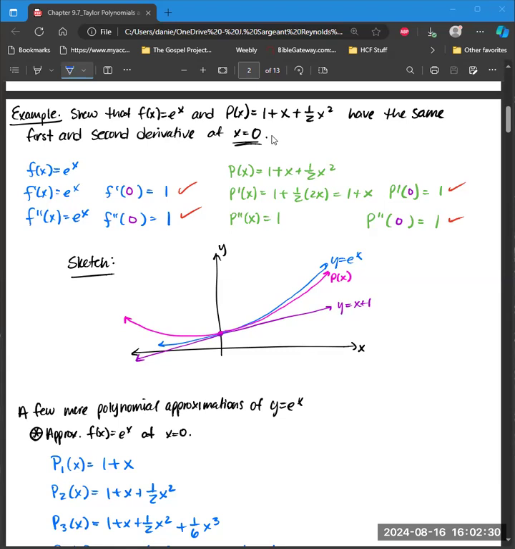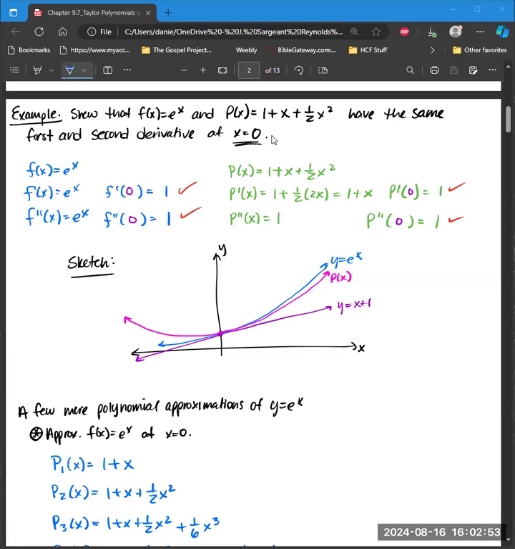We stick in 0 here for e to the x, we get a slope of 1. When we stick 0 in here for p prime, we get 1 plus 0 is 1. That's good. F double prime is e to the x, so f double prime of 0 is 1. If we take the derivative of 1 plus x, we get 1. So p double prime of 0 is also 1.